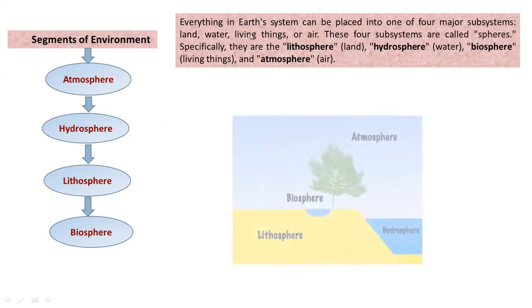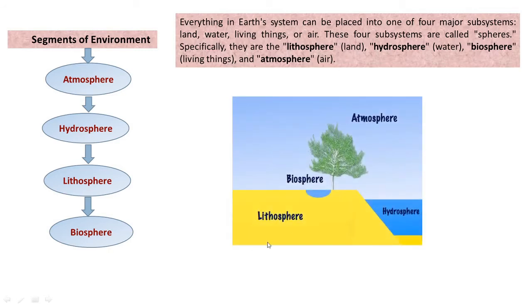Generally the lithosphere is the land part of the environment, the hydrosphere is the water part, the biosphere is whatever living organisms and living things are present, and the atmosphere is the airy part of the environment.